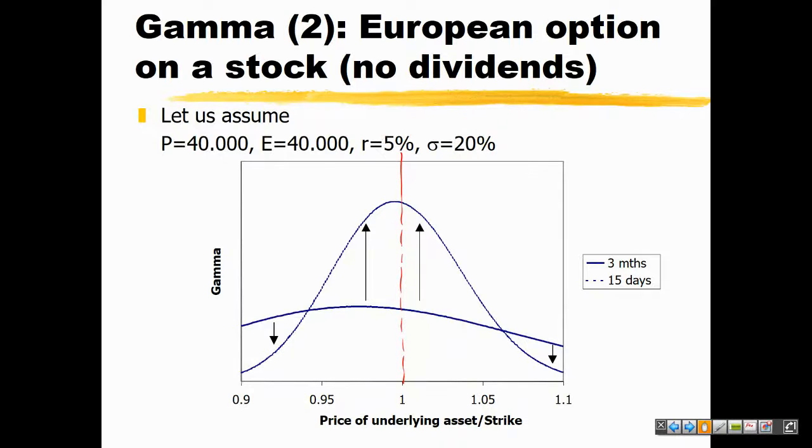The only difference is that before maturity, the peak is slightly towards the left. So the peak is close to at the money, but typically for a price which is slightly lower than that. But you're not too wrong if you say that the peak is at the money. For the first contract, you say the peak is at the money, full stop. For the second case, you say it is close to at the money, and it may be nice to say that it's slightly below at the money, but just by a little, okay?